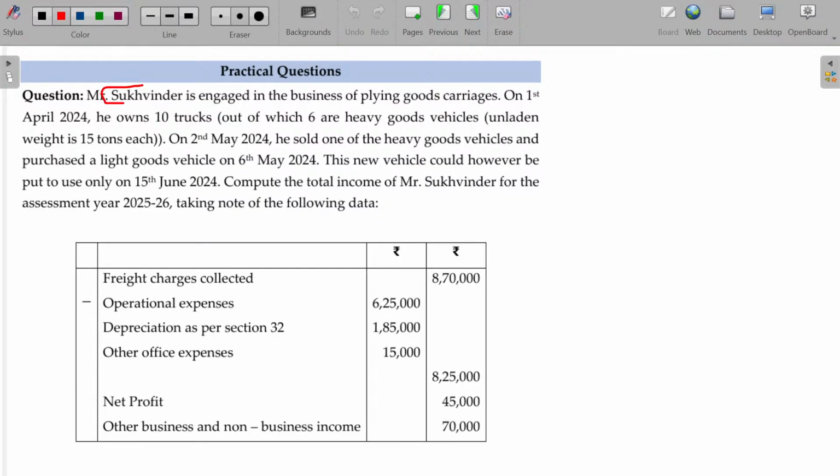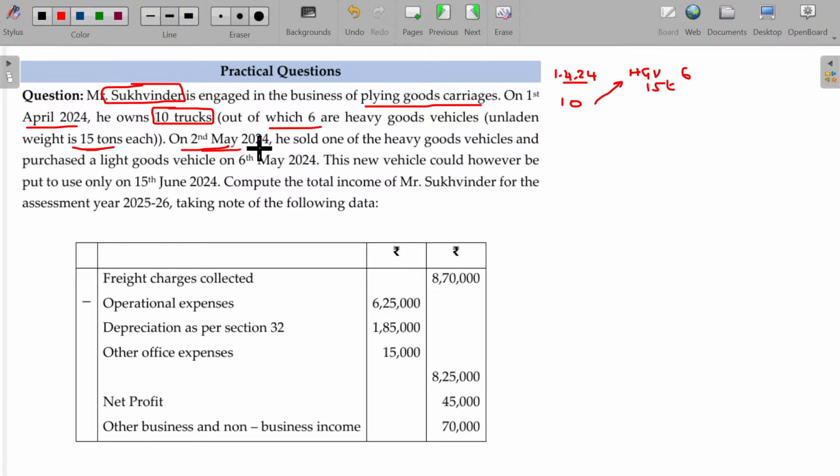Mr. Sukhvinder is engaged in the business of plying goods carriages. On 1st April 24, he owns 10 trucks, out of which 6 are heavy goods vehicles, with unladen weight being 15 tons.